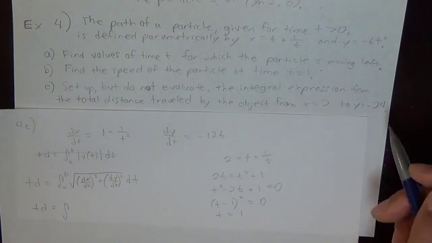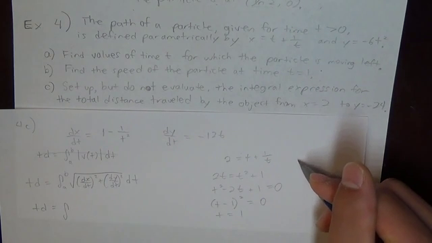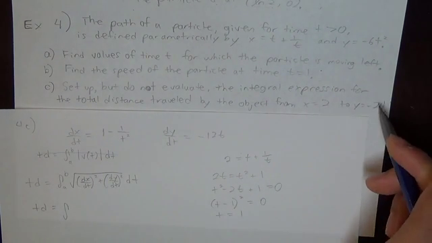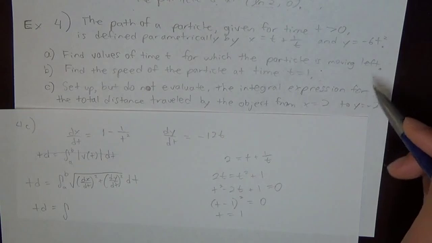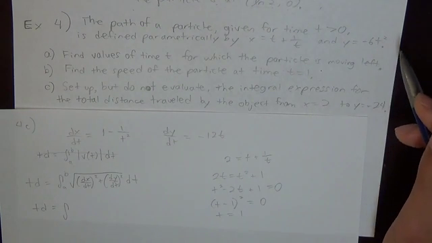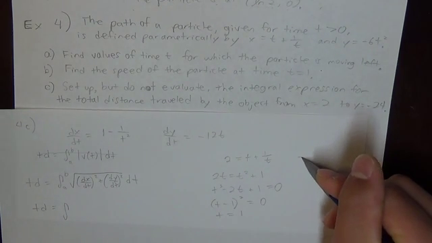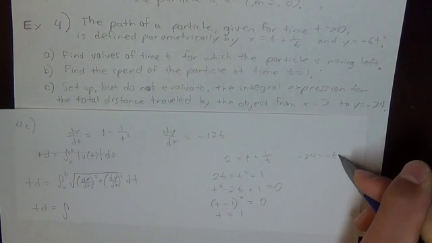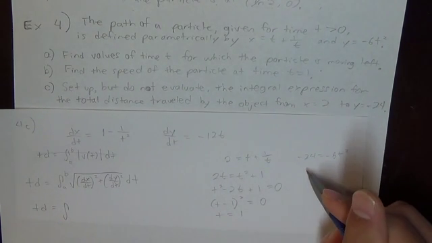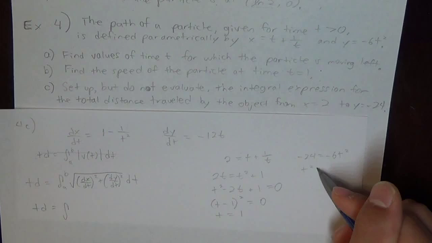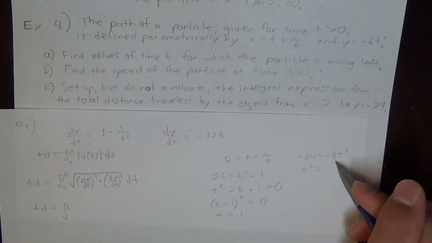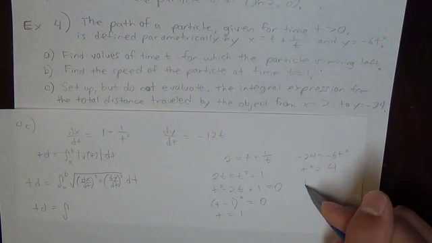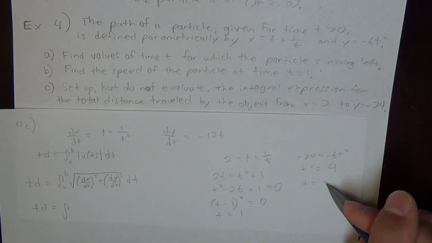Now let's find the value of t when y equals negative 24. So we set negative 24, which is y, equal to negative 6t squared. When you divide both sides by negative 6, you get t squared equals 4, and t equals plus or minus 2.